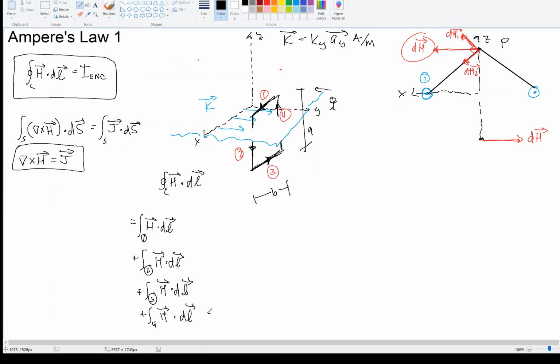Right? And that's all equal to the current that's enclosed by my path.